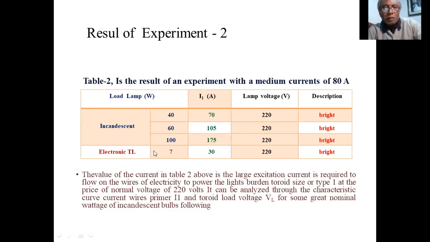And for the electronic lamp 7 watt, the current in the power line is 30 amperes. The current values in table 2 above are the excitation current required to flow on the electric wire to power the lamp at the toroid size or type, at a normal voltage of 220 volts.